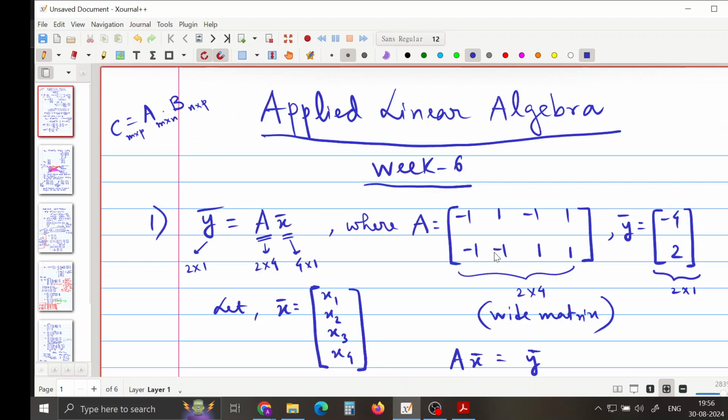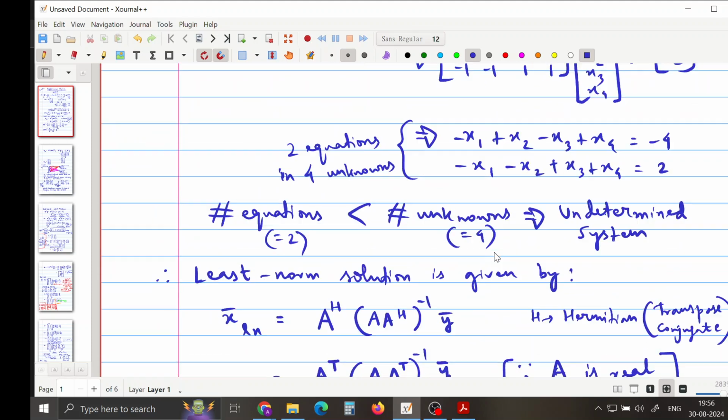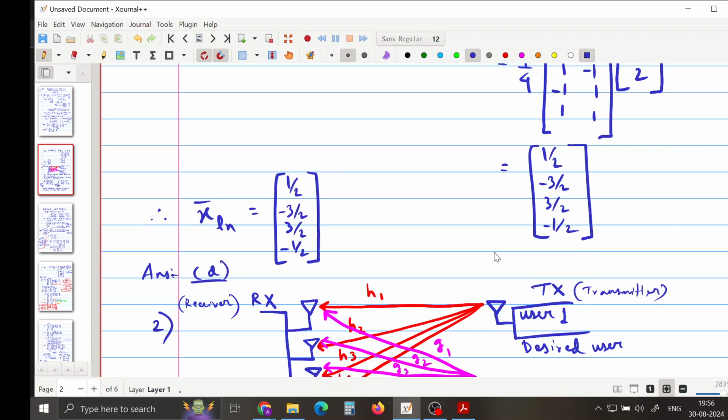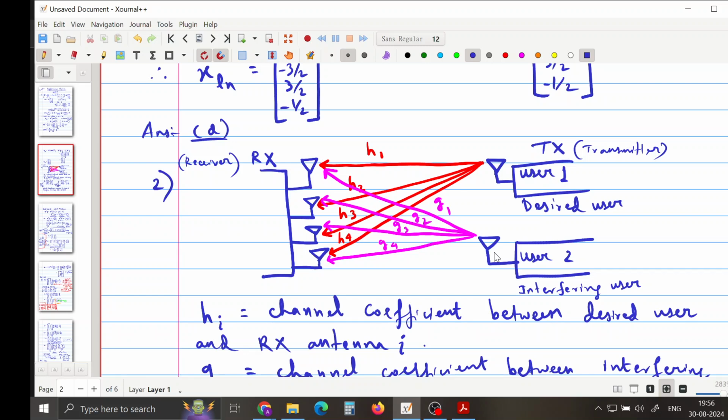I think you had a question, right? Yes, I had a question about beamforming. We are taking user one as the actual desired user and user two as interference, but practically we will not be having such things. I just wanted to check for an example where we use such kind of application.